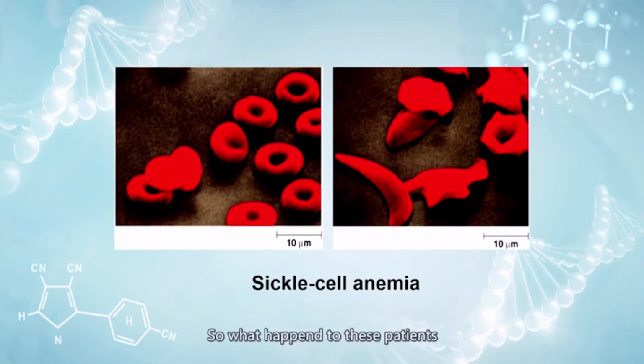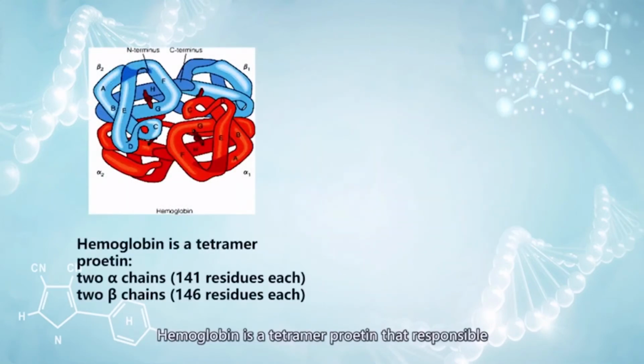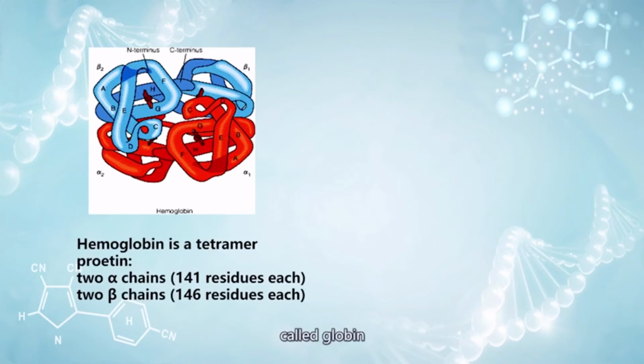So, what happened to these patients? The red blood cells in patients with sickle cell anemia contain many abnormal hemoglobins, called hemoglobin S or HbS. Hemoglobin is a tetramer protein that is responsible for oxygen transport in the bloodstream. It contains 4 polypeptide chains, called globin, and 4 heme prosthetic groups.